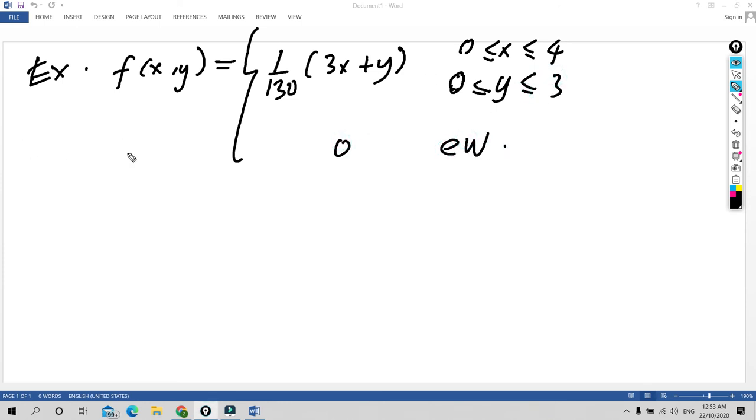Now I want to find f of x given y, and I also want to find f of y given x.